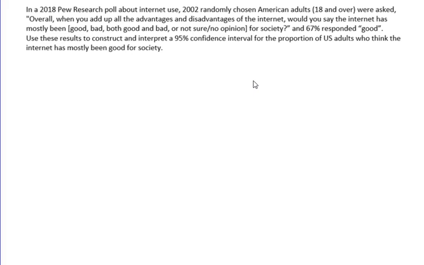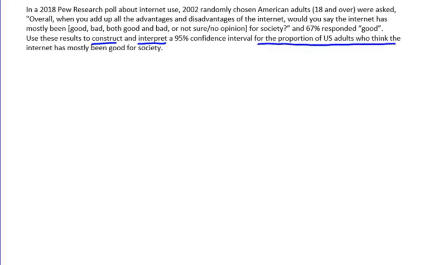Use these results to construct and interpret, okay, so this is what we're being asked to do, construct and interpret a 95% confidence interval for the proportion of U.S. adults who think the Internet has mostly been good for society.